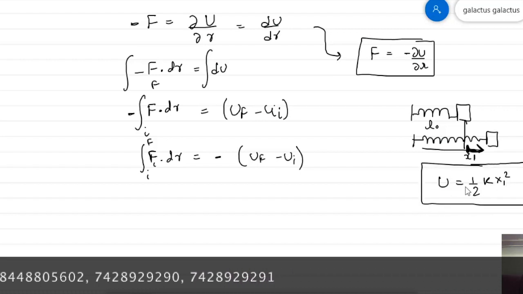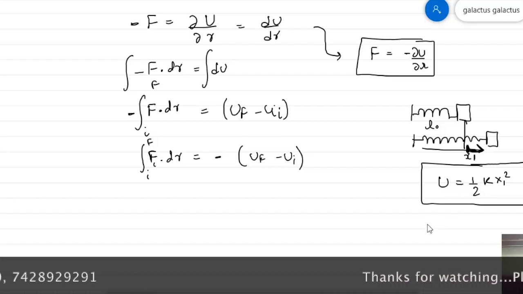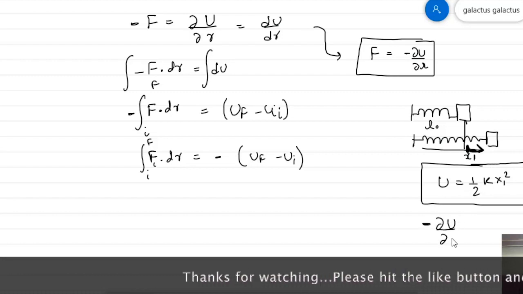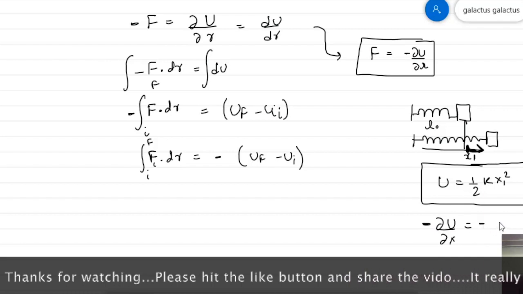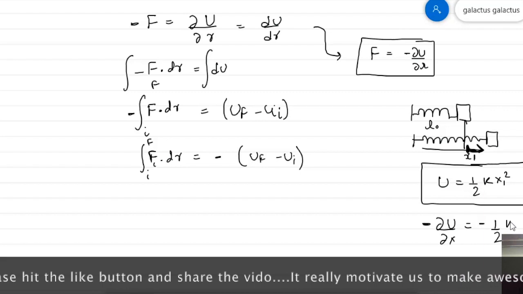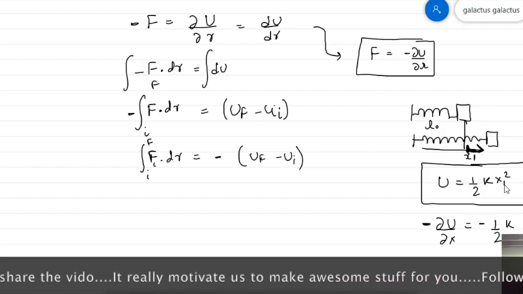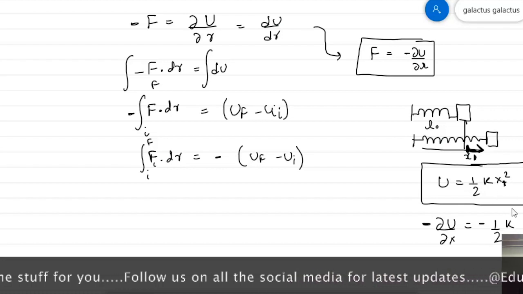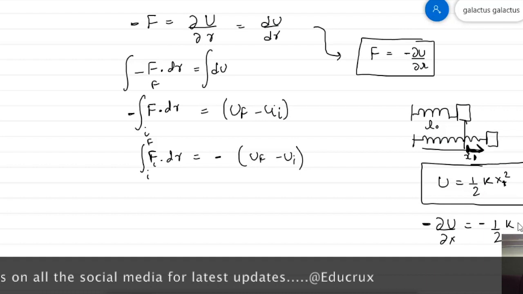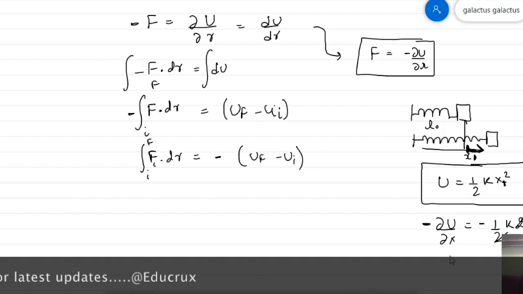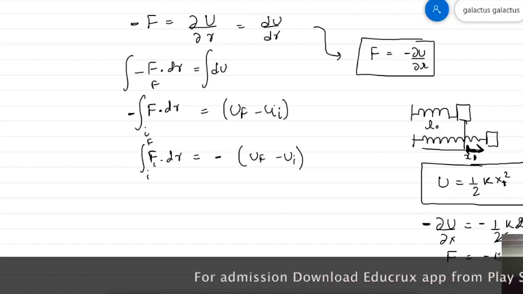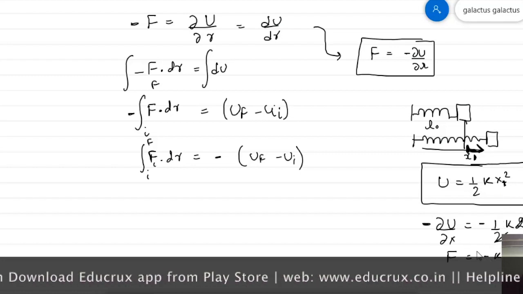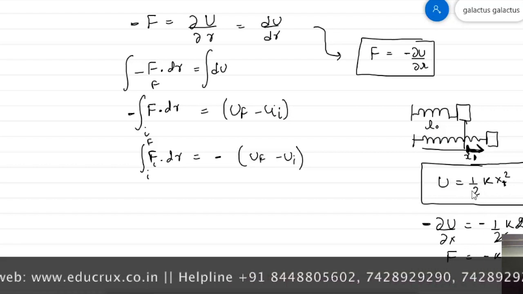So U is the potential energy that is now stored in the spring, and if I now take minus dU by dx, I will get minus half k. If I elongate the spring by x, then the derivative of x square is 2x. So F is now equal to minus kx. So if my potential energy is half kx squared, then the restoring force that is acting on the block is minus kx, that I have found by taking the derivative of the potential energy.